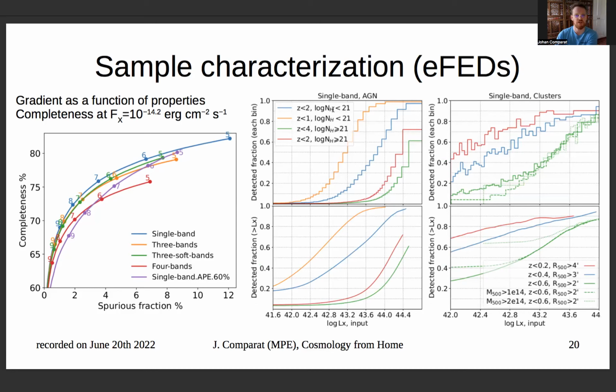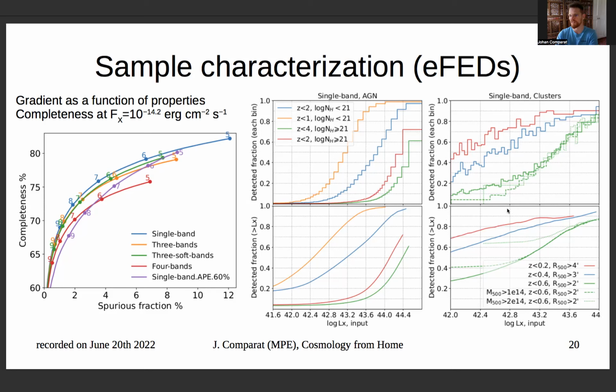While if you are not much obscured, so log NH minus 21, and at relatively low redshift, you will need much lower luminosity to detect your AGNs. These trends are perfectly understandable, but you have to think that in your survey, you have to integrate all of these trends into this completeness spurious fraction figure.